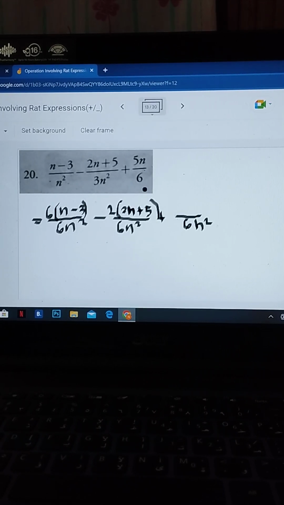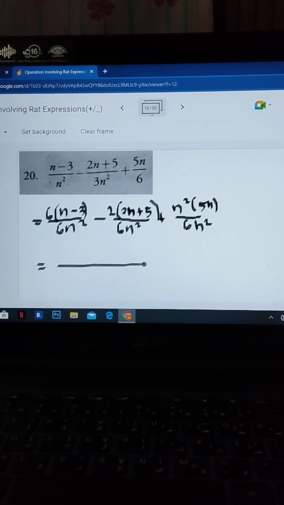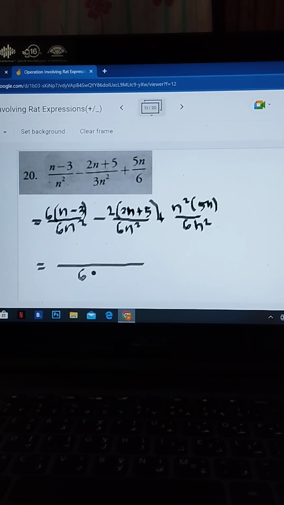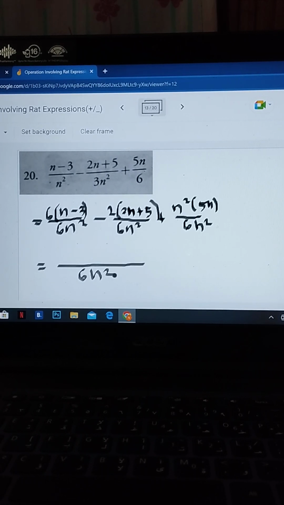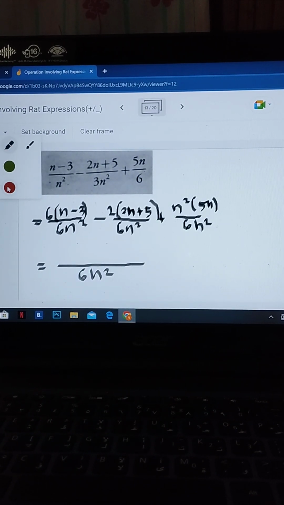Okay, 6n squared divided by 6 is n squared. n squared times 5n. So you copy the same denominator because the denominators are all equal to 6n squared. So just copy the same denominator and subtract or add, simplify the numerator. So apply here distributive property.